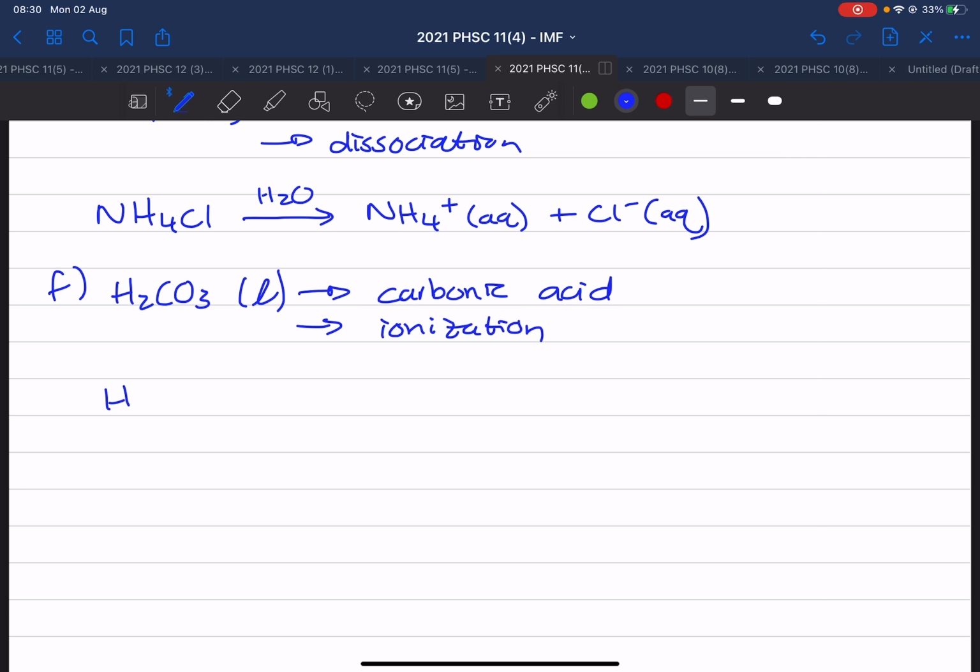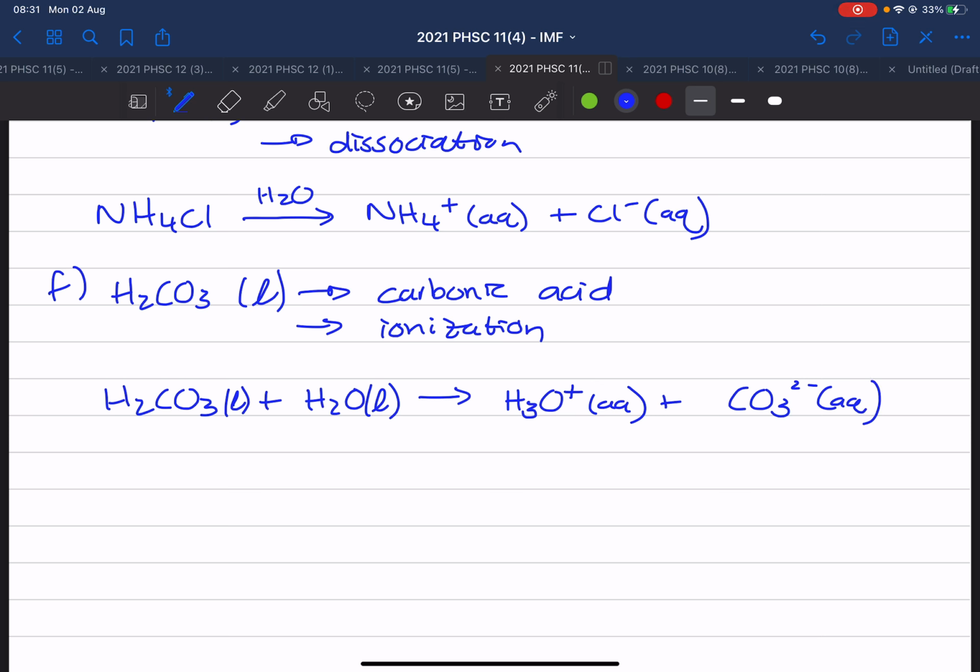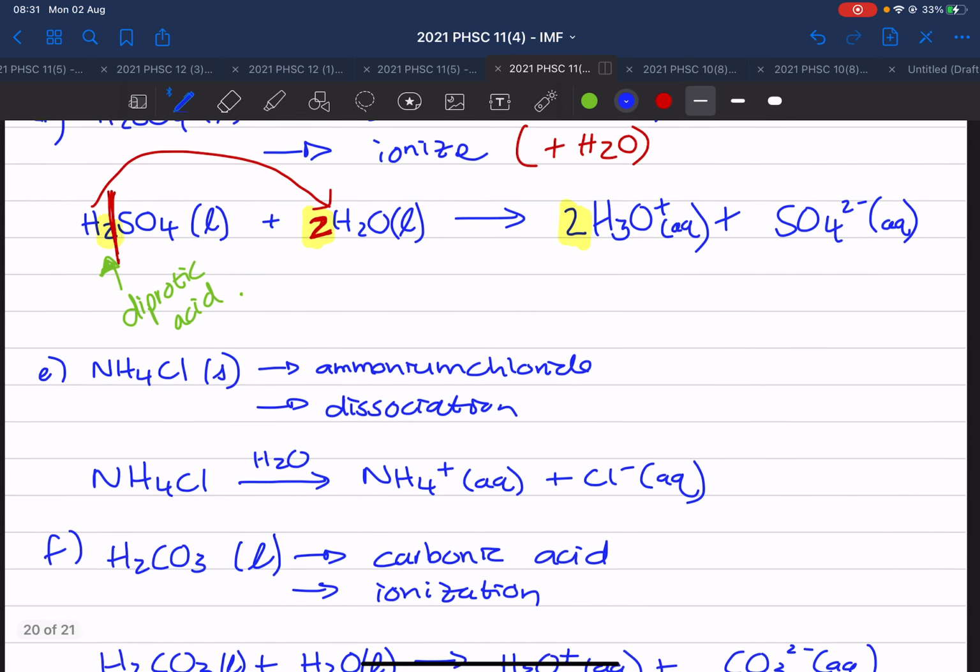That is where it reacts with water. It reacts with water, and here the hydrogen will react with water and you'll get the hydronium ion aqueous and a carbonate ion aqueous.